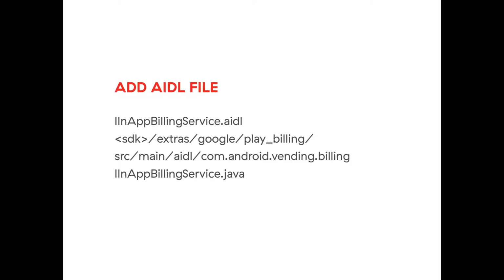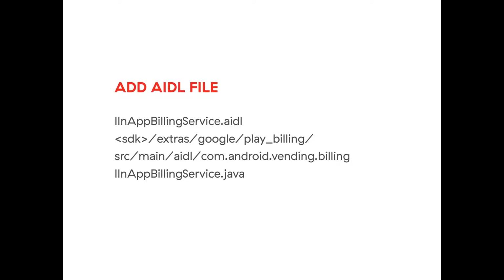To start, you need to add an AIDL file. I don't know if I pronounced that correctly, but that is Android Interface Definition Language. In order to do that for in-app billing, you need to add the Google Play billing library extension. It's part of your SDK, and you need to download it via your SDK manager.